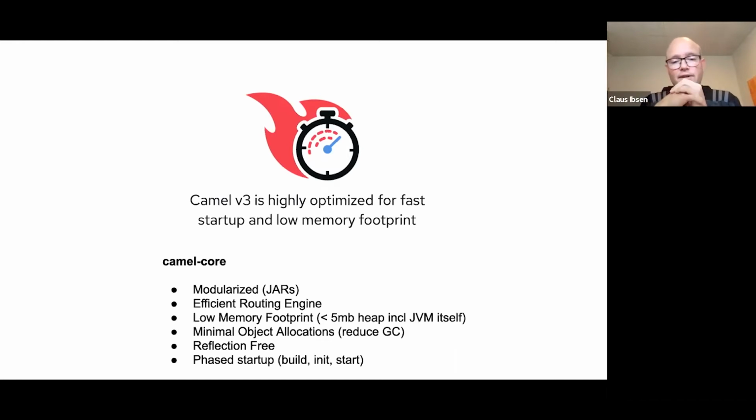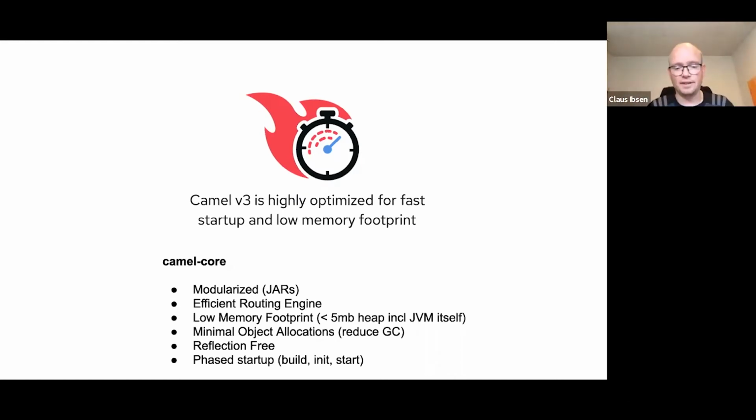In Camel 2, there was one monolithic product, but there was also one monolithic jar itself, the Camel Core jar. So what we've done is to modularize that jar. And now pay attention, we modularized that single jar from 1, and now don't fall off your chair, to 42 jars.